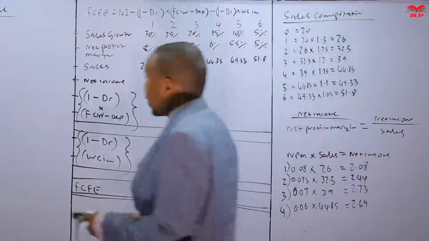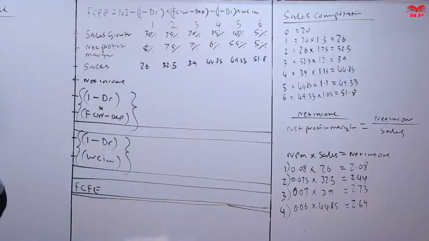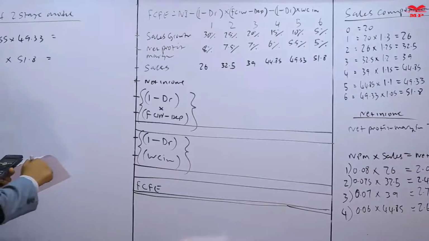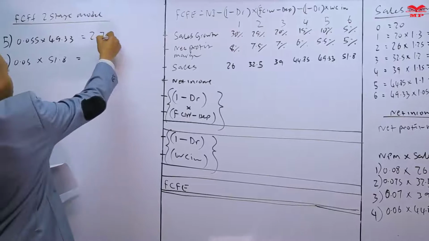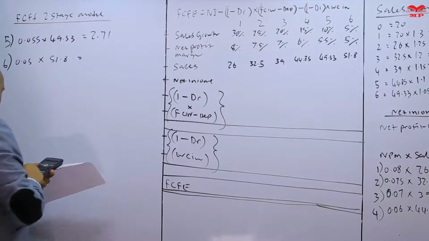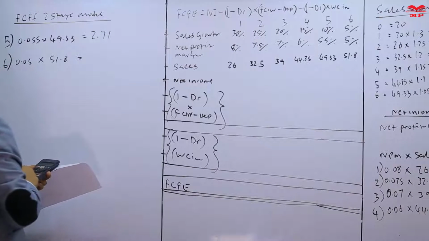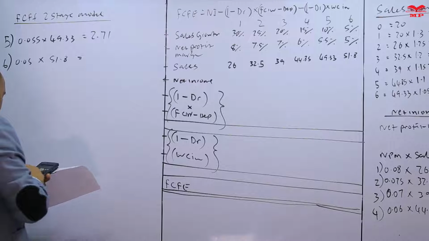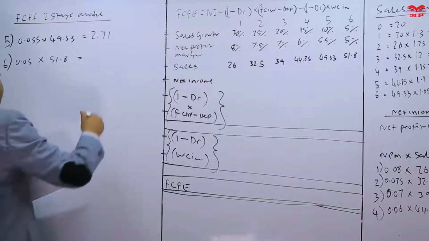There. For year 5, 0.055 multiplied by 49.33, 2.71. Then we have 0.05 multiplied by 51.8, 2.59.